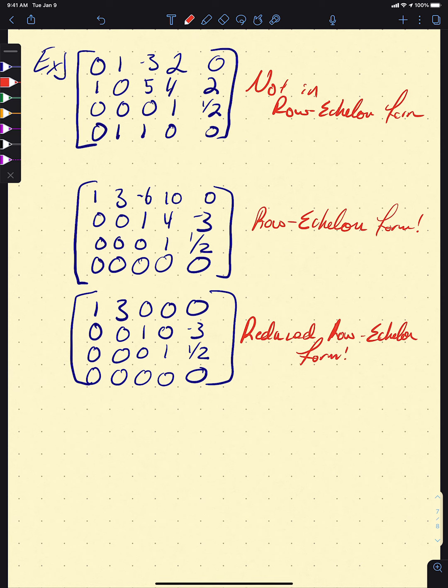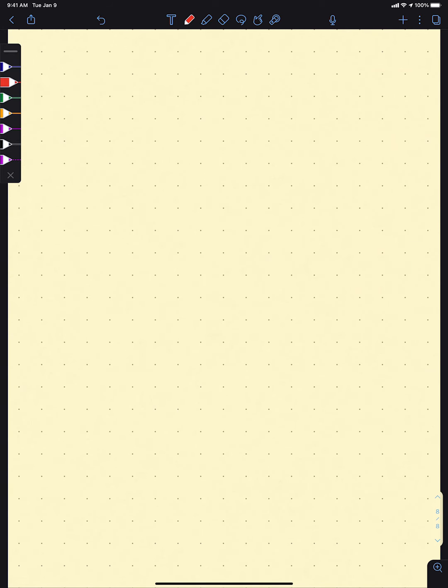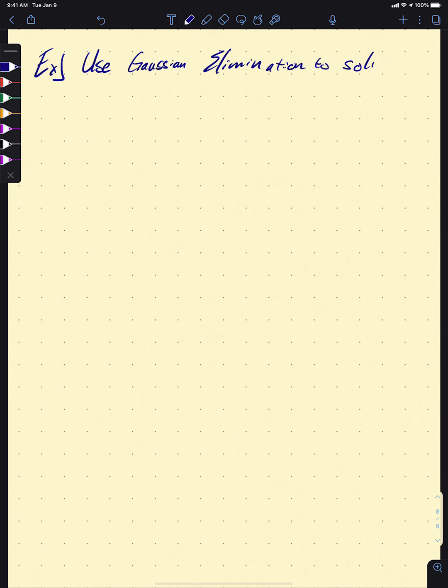Okay. So we've had a look at some of these candidate matrices. So it seems like it's the right time to dive in and solve some systems. Okay. So let's use Gaussian elimination to solve the following system. Okay.